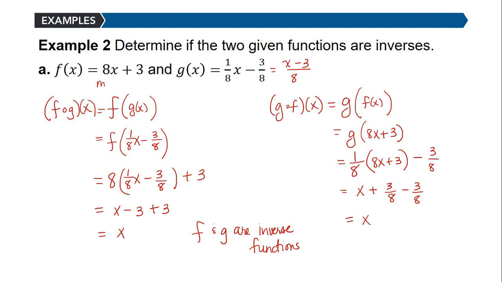We multiply by 8, and then add 3. Well, the function g says we start with the number x, we subtract 3, and then divide by 8. So can you see that we are reversing the operations and also the order, right? We have to kind of undo what we did in the reverse order to get back what we started with. And so this is exactly what we see with these functions f and g.